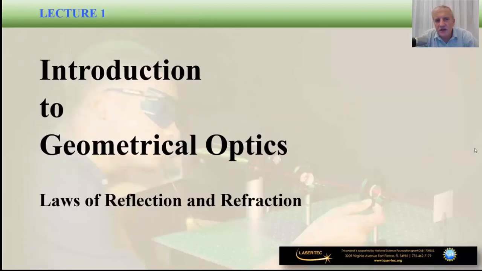So in this first lecture in the series of geometrical optics lectures, we introduced the subfield of geometrical optics. We defined the concept of the light ray and the wavefront that's at the core of ray tracing analysis based on geometrical optics.